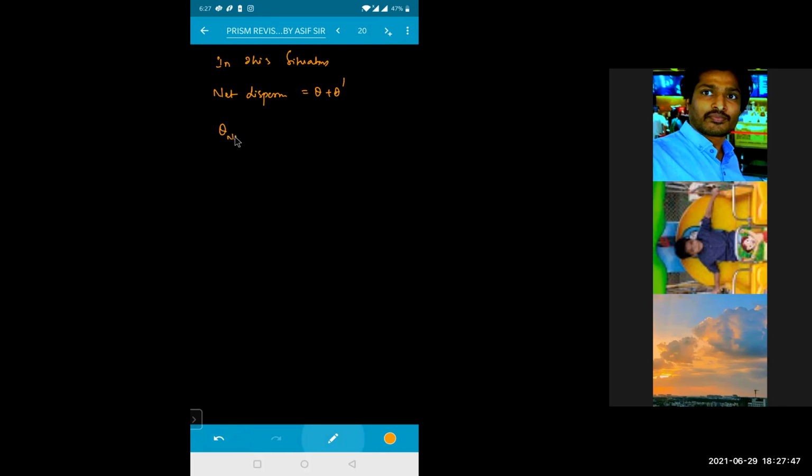That means theta net will be equal to mu v minus mu r into A, plus mu v dash minus mu r dash into the angle of prism A dash. So theta will be equal to mu v minus mu r into the angle of prism A plus mu v dash minus mu r dash into A dash. What value did A dash come to?